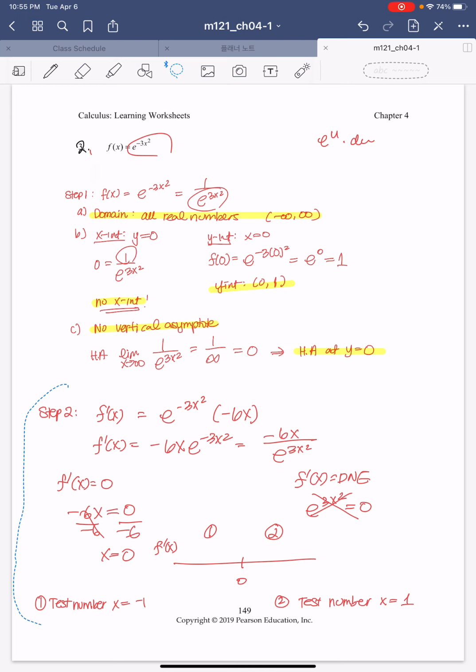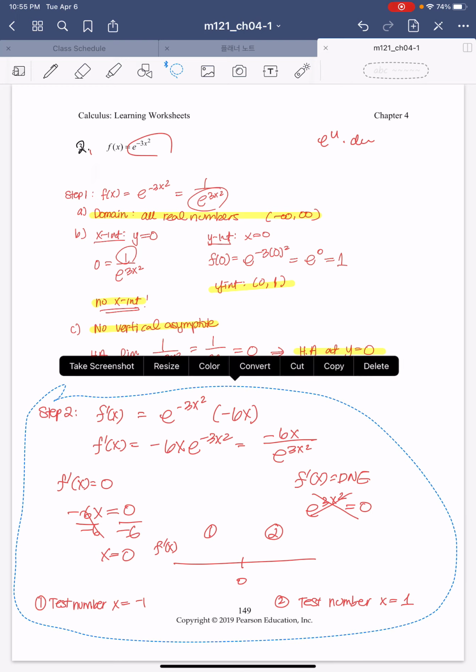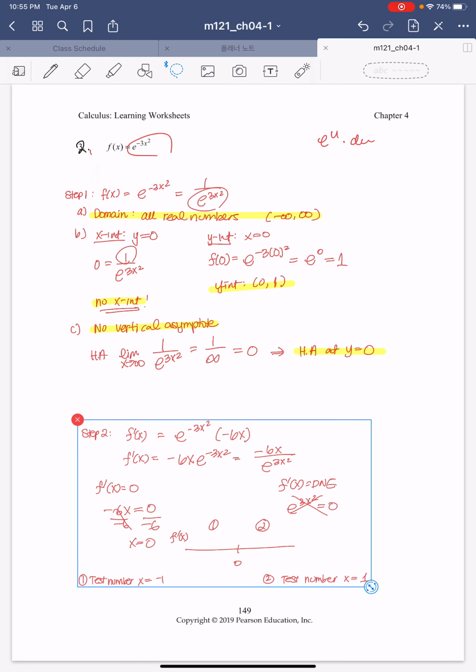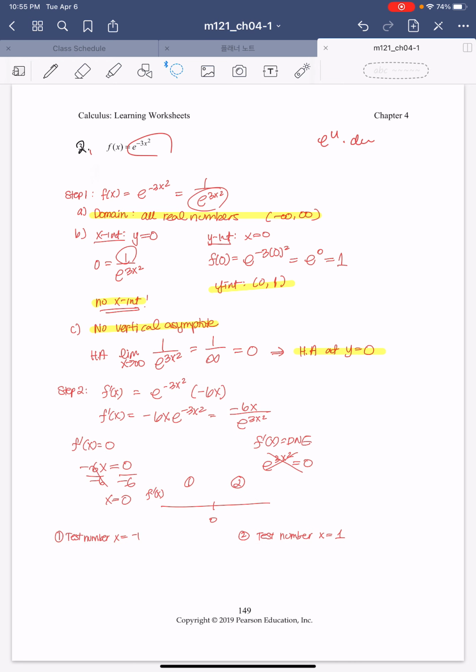And then for step 2, let's also resize. Okay, let's plug into our first derivative. f prime of negative 1: negative 6 times negative 1 over e to the 3 times negative 1 squared, which is a positive 6 over e cubed, about 0.299 in decimal value. So that's positive.